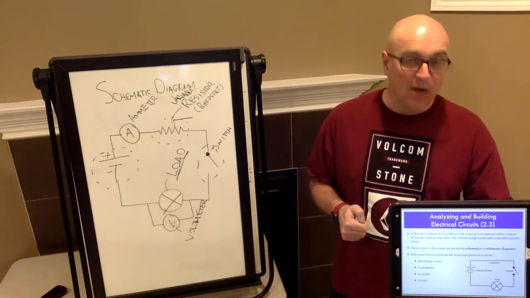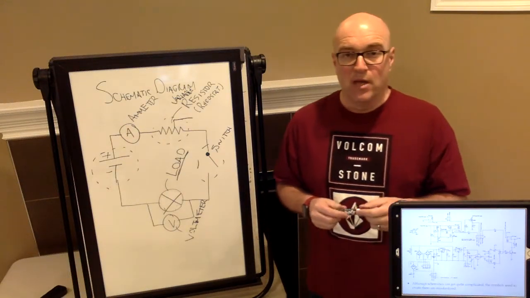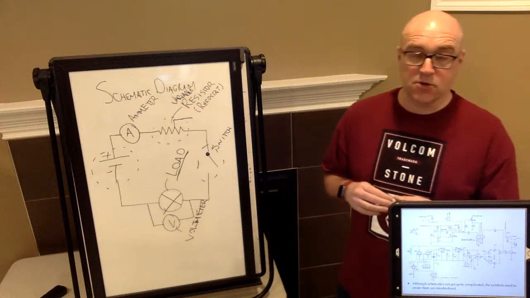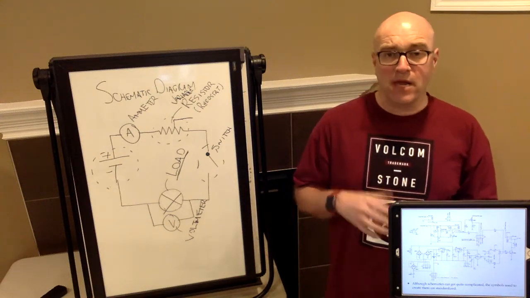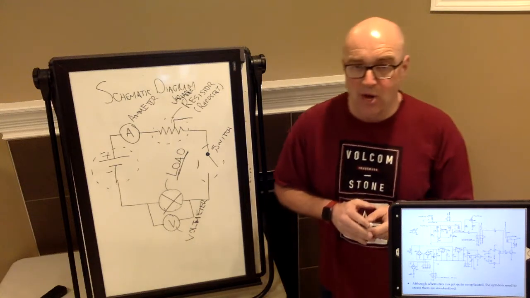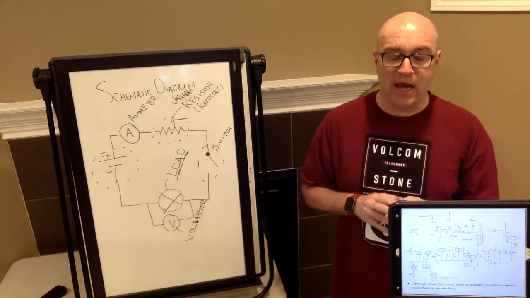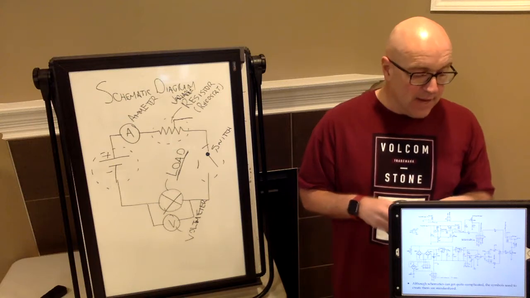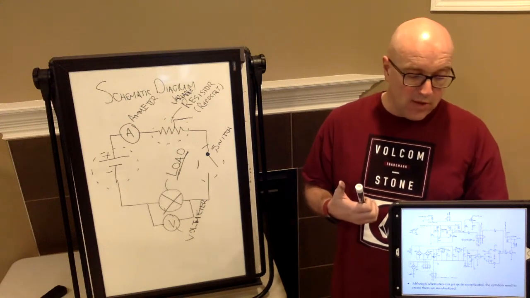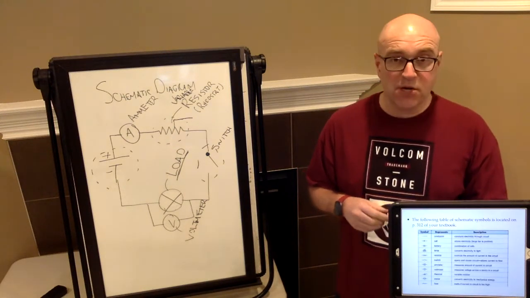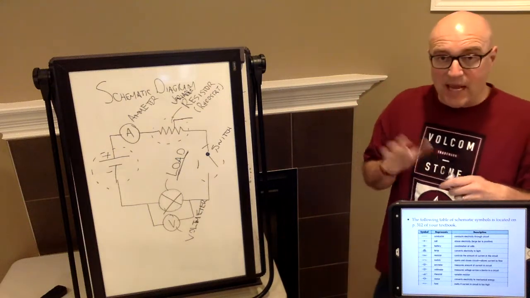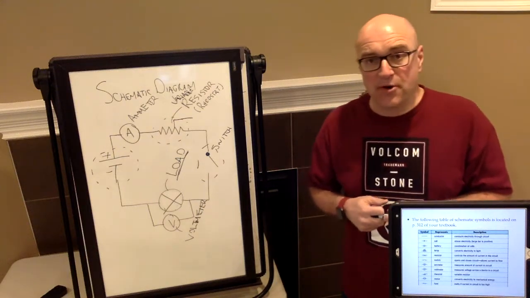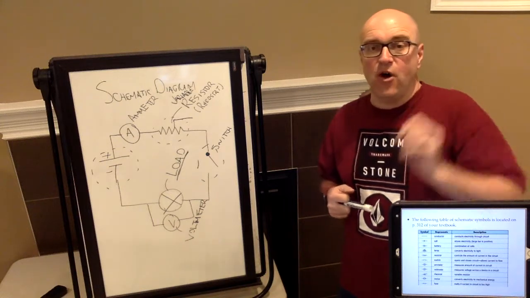And depending on what type of circuit you're dealing with, you can see some of these schematic diagrams get very intricate, very complicated. We're not going to get anything close to that here in grade 9, but the symbols are ones that you should be familiar with. And if you look in your textbook, there is a table on page 312 that gives you a list of all the different symbols.